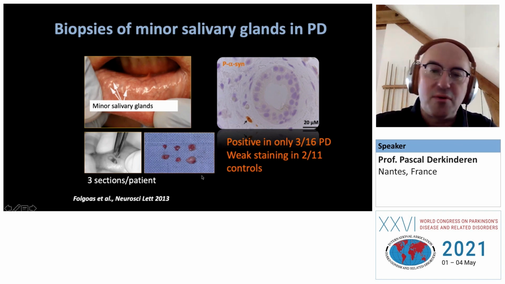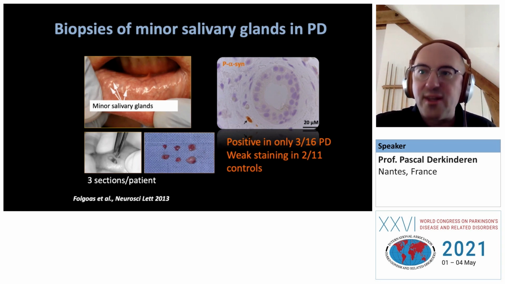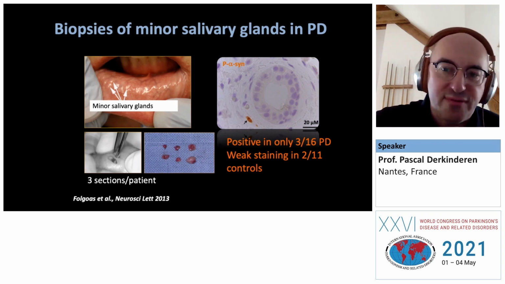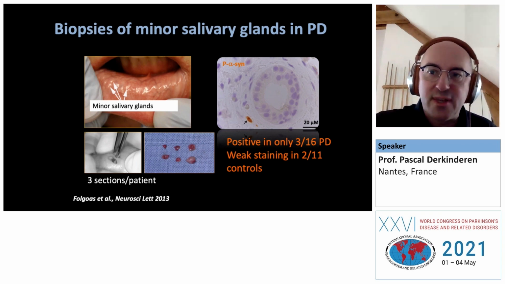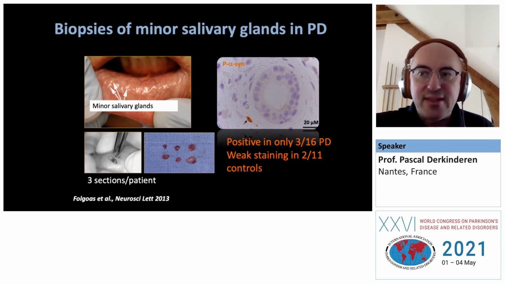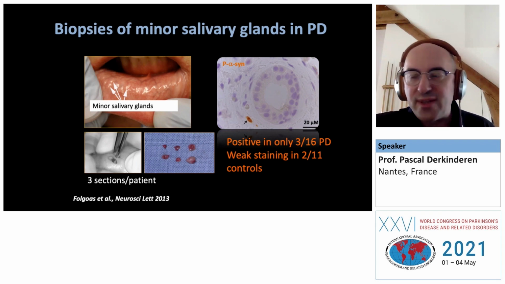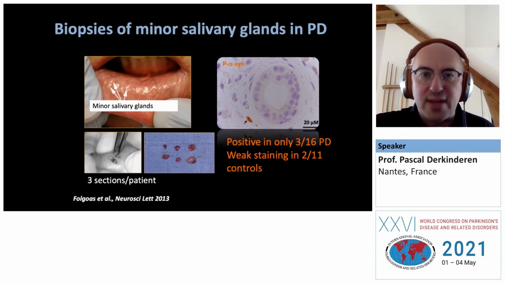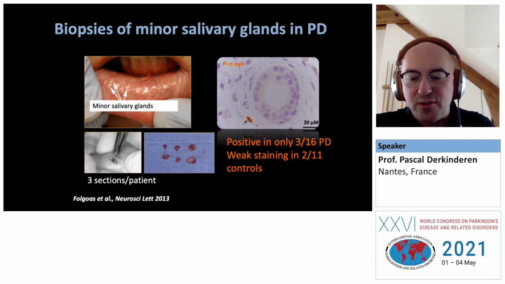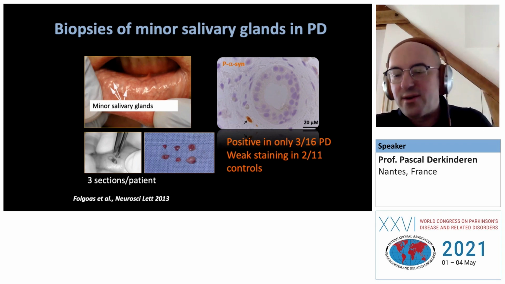And you see that the results were, again, a bit disappointing because we were only able to identify a positive staining in only 3 out of 16 PD patients. I didn't mention that on the slide, but since then, 6 studies have used a similar approach, and they gave conflicting results. So I'm not sure that this is a very promising tool. It might be better to focus on the submandibular glands.